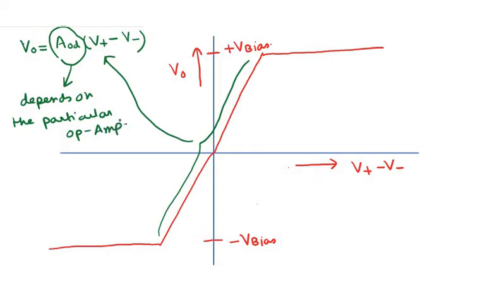For good op amps AOD is very large and can be treated as infinity for mathematical calculations.